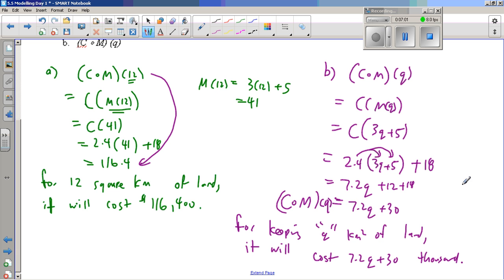And the whole moose thing is skipped. I've got a function for cost that's directly in terms of the square kilometers. What's next?